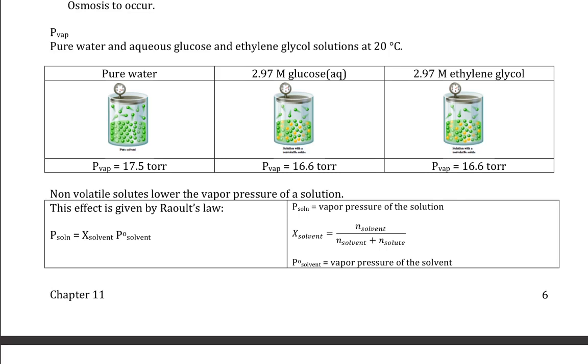So the pressure of the solution is going to be something a little less than the pressure of the pure solvent. So we have P of the solution is the vapor pressure of the solution. The mole fraction of the solvent is the moles of solvent divided by the moles of solvent plus moles of solute. And P of the solvent is the vapor pressure of the pure solvent.